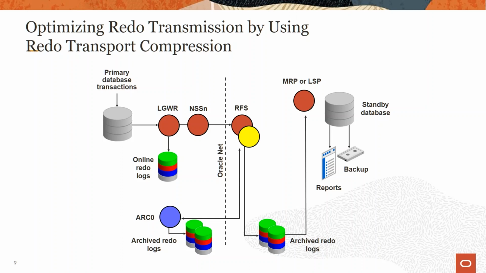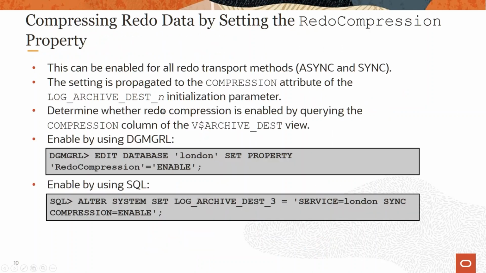By doing so, all missing redo will be transported in compressed format, so we can save bandwidth and also transport a smaller amount of data. So we can enable the redo transport compression feature. To use this feature, you can change it: RedoCompression equals enable. Or at the SQL prompt, you can use ALTER SYSTEM SET LOG_ARCHIVE_DEST_2 SERVICE equals London SYNC COMPRESSION.